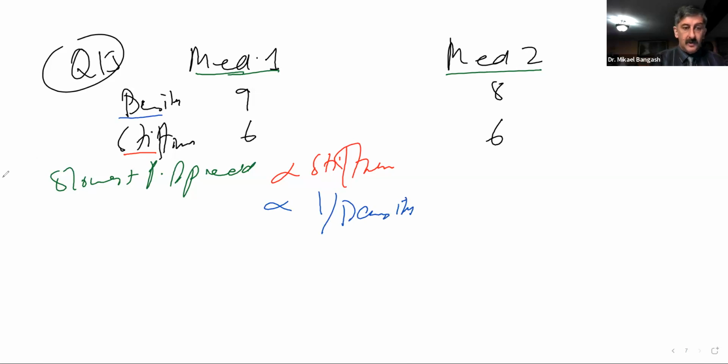Now, what you may see in questions like this, as in this example, is that the stiffness of both media is the same. Did that make sense? Right, the stiffness of the media is the same. So what we are left with to determine which has the slowest propagation speed is the densities.